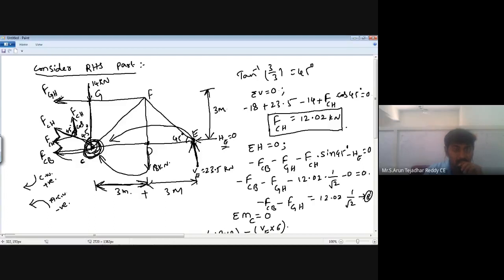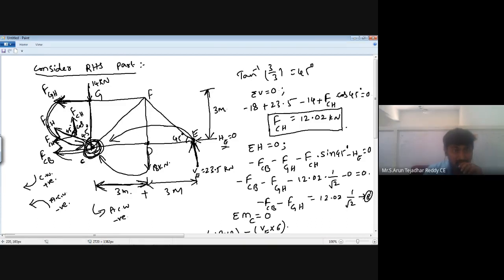Next force is FGH. Moment about C: it is moving in this direction, which is also anti-clockwise, negative.